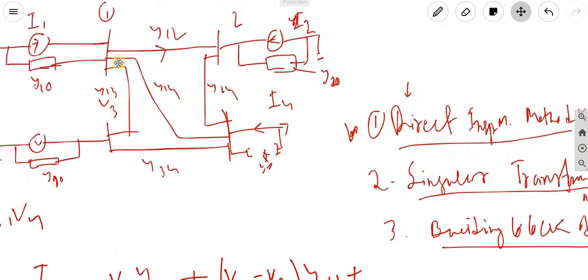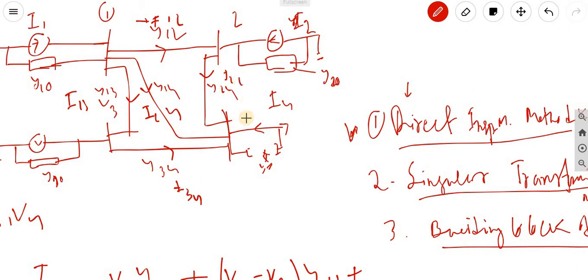Okay, for this, suppose we are taking the current direction from this one, 1 to 2, and this is 1 to 4, this is current 1 to 3, then 3 to 4, and current 2 to 4.